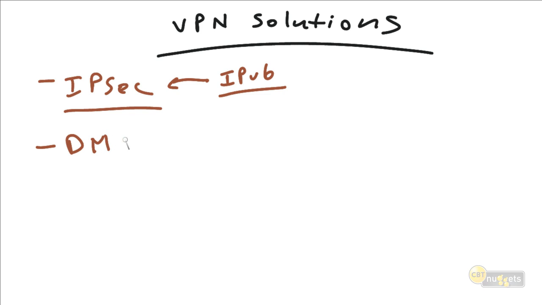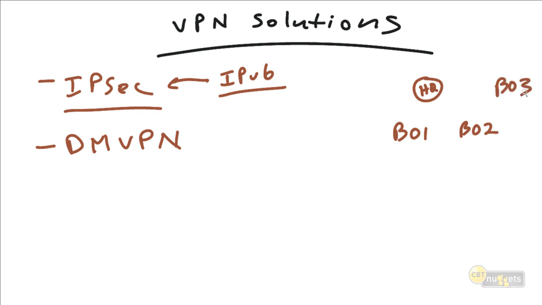Cisco invented a solution called the Dynamic Multipoint VPN. This is for an environment where you have, let's say, headquarters and a bunch of branch offices. So you've got these branch offices, and they want to be able to dynamically VPN with each other and dynamically VPN with headquarters, and the Dynamic Multipoint VPN technology accommodates that.